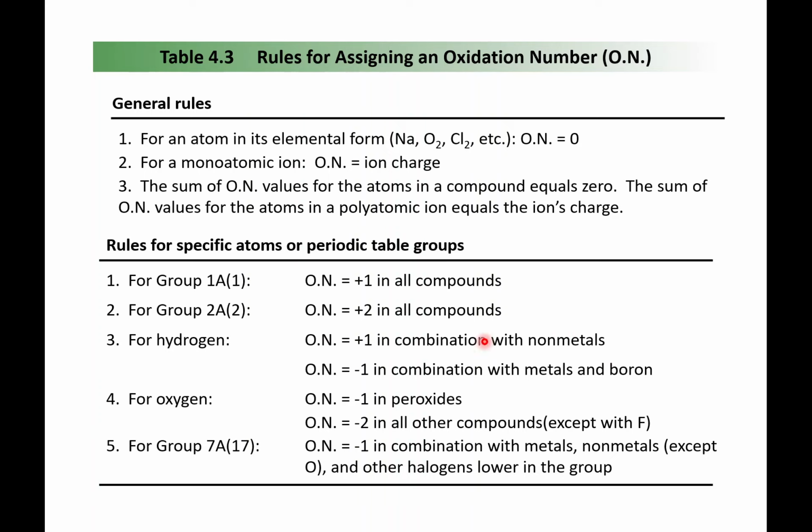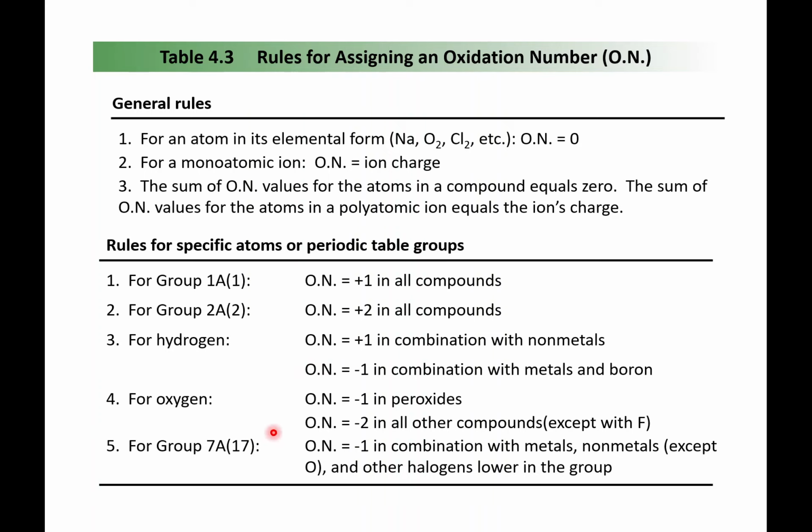I can't really think of many examples of hydrogen in a molecule being anything other than +1. However, when it's in combination with a metal, so a metal hydride, or with boron, hydrogen's oxidation number will be -1. You might see examples of those, especially with boron, but most of the time hydrogen is going to be +1.